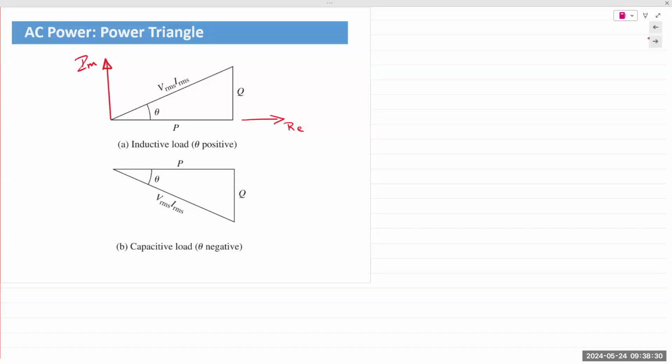So this is for an inductor. This is for a capacitor.